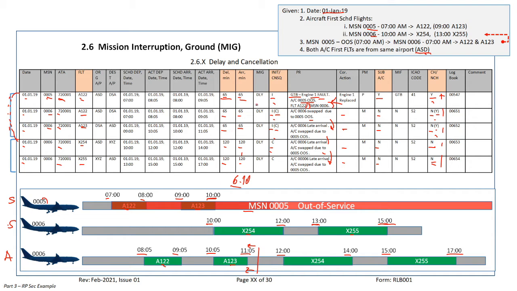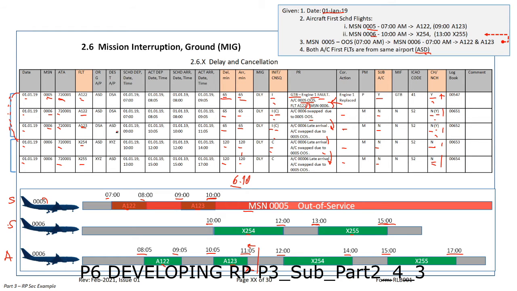We can say, hey, do you know what? Because of all this engine failure, all my schedule on January 1st went upside down. They say, okay, let's open our contractual agreement. And listen carefully here.